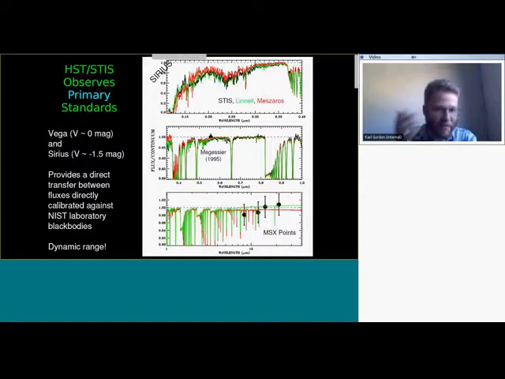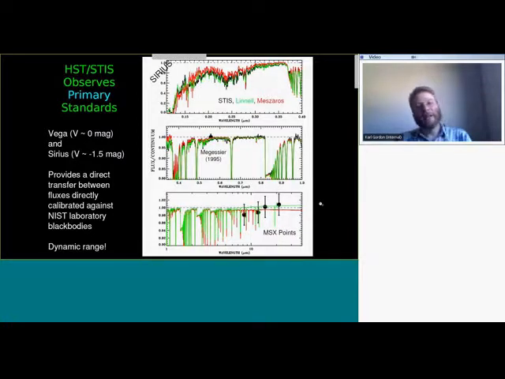Vega has usually been measured not in V, but at 5556 angstroms. This is this point here at about 0.55 microns. I can point at that point there. There are also MSX points, an experiment that did a very similar measurement, but in space, in the mid-infrared, directly against little spheres ejected from the spacecraft that had been calibrated by NIST, and observed the same way as Sirius and Vega.